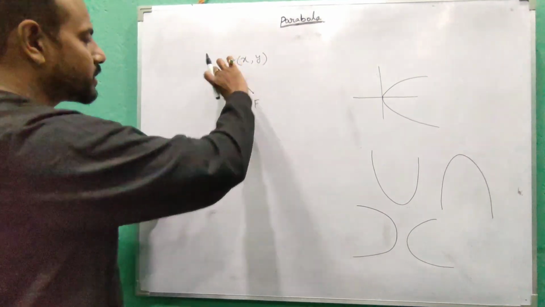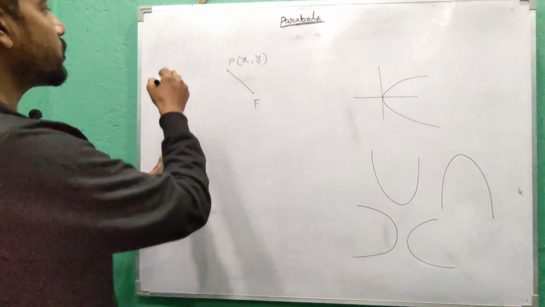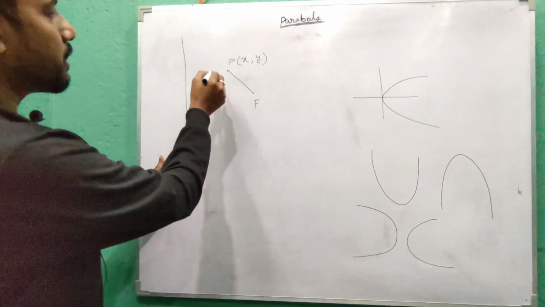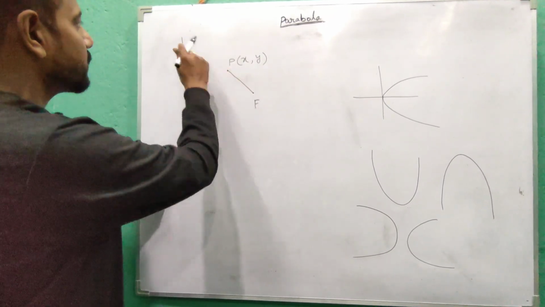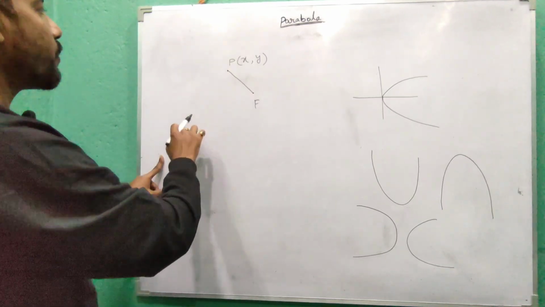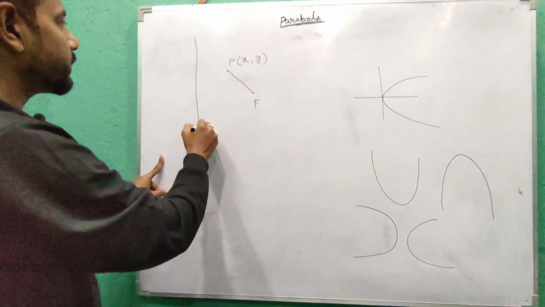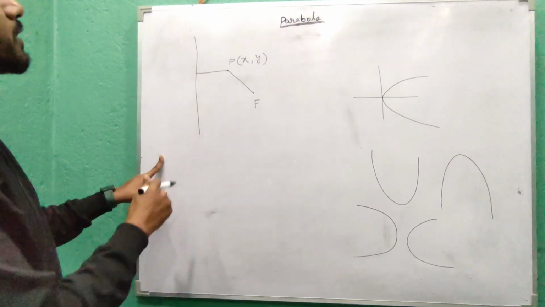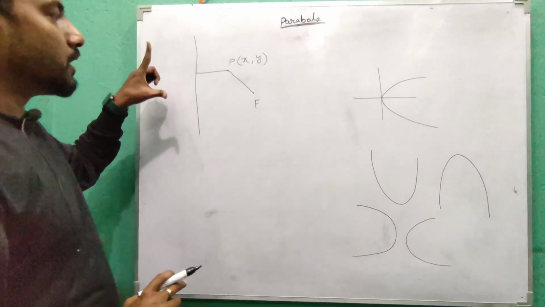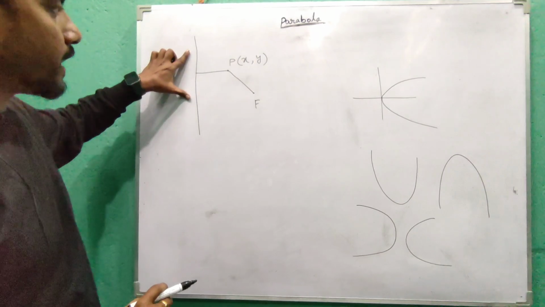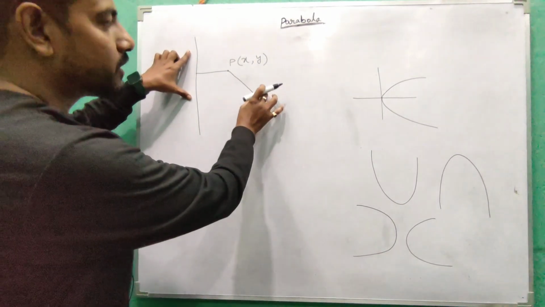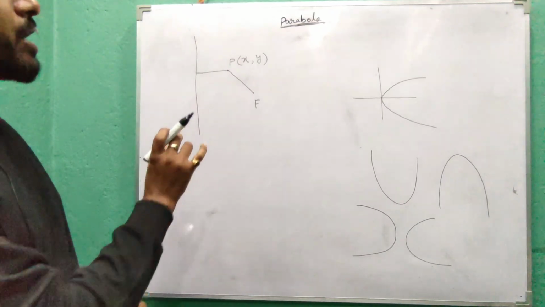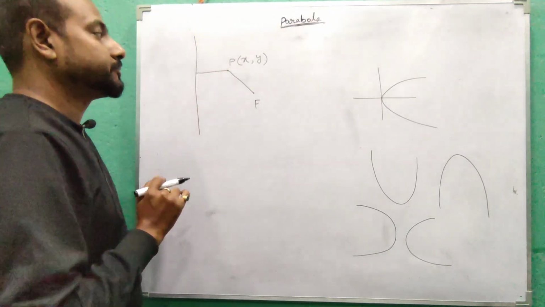The line is fixed and not moving, the point is fixed and not moving, but this is the variable point which is moving on this plane.